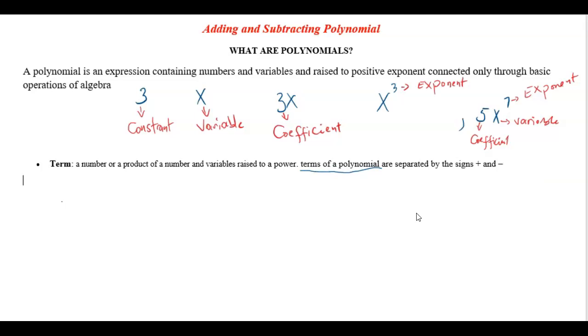Plus and minus. Now, so why is term important? When you're dealing with polynomials, there are different types of polynomials. One type of polynomial you have is what they call a monomial, okay?